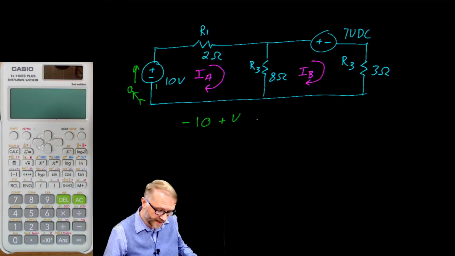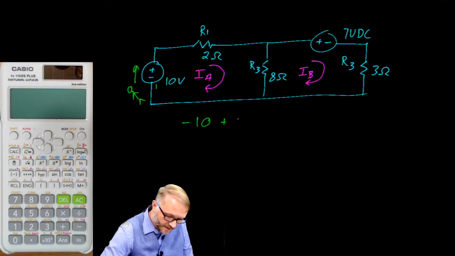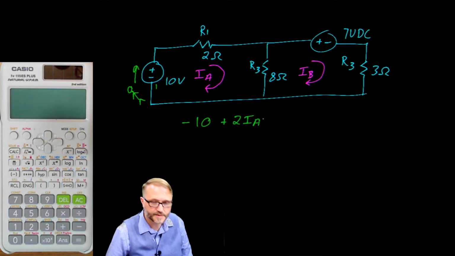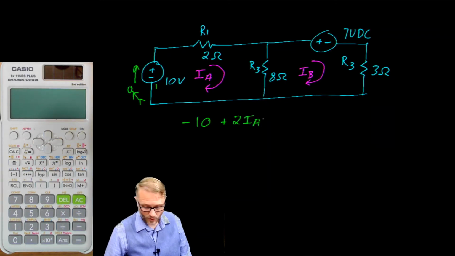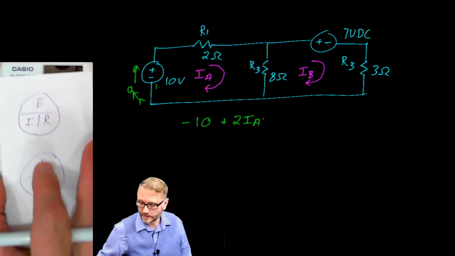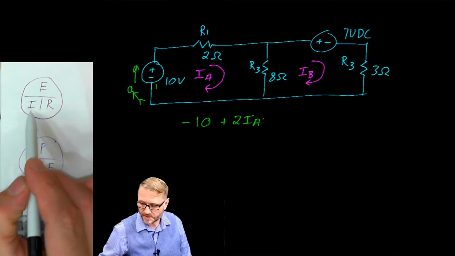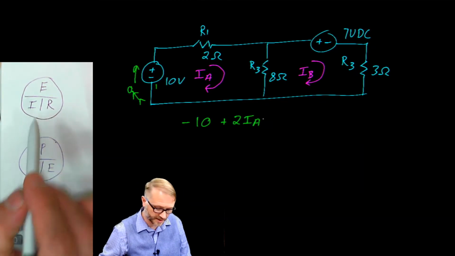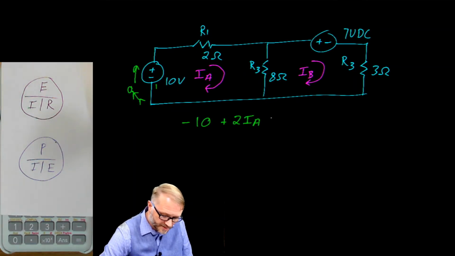I want to write that as 2IA, because we said a voltage could always be substituted as a resistance times a current. That brings us to resistor 3, and we will write that as 8 current A.